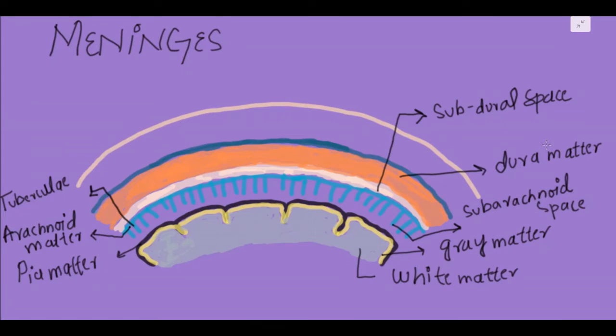And after dura mater, we have the skull, right? So three layers which cover the brain are the pia, arachnoid, and dura mater. And after the dura mater, here, this one in white, is the skull. And there is a small space between the dura mater and the skull.